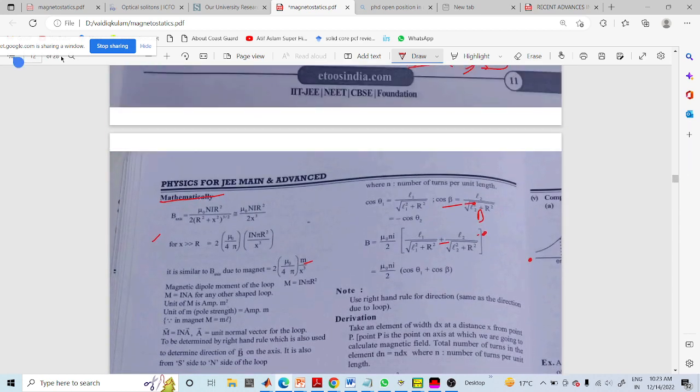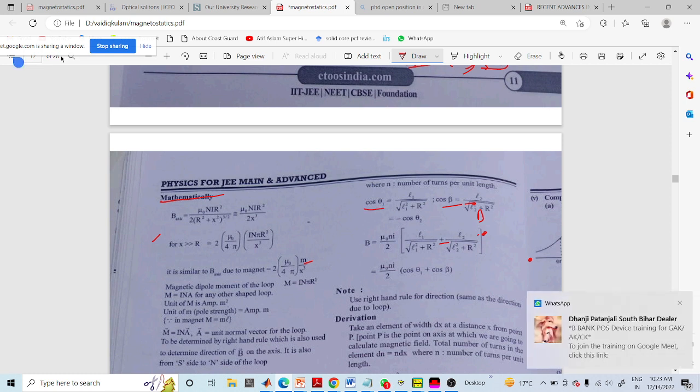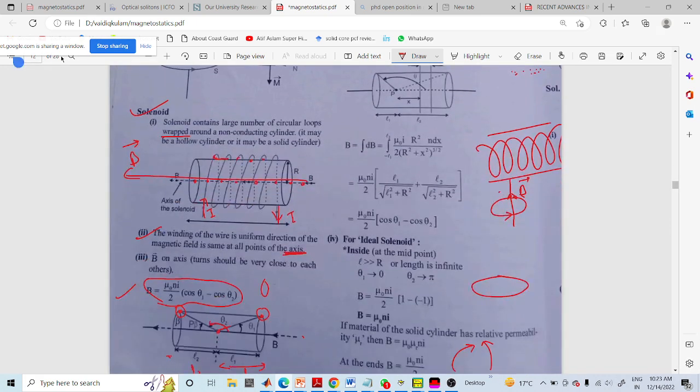So look here, where n is the number of turns per unit length, and cos theta 1 is equal to cos beta, and then minus cos theta 2 is equal to cos beta. So from this geometry you can calculate, right?